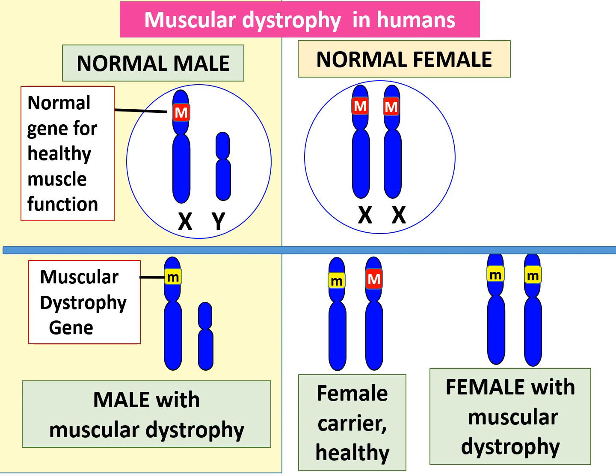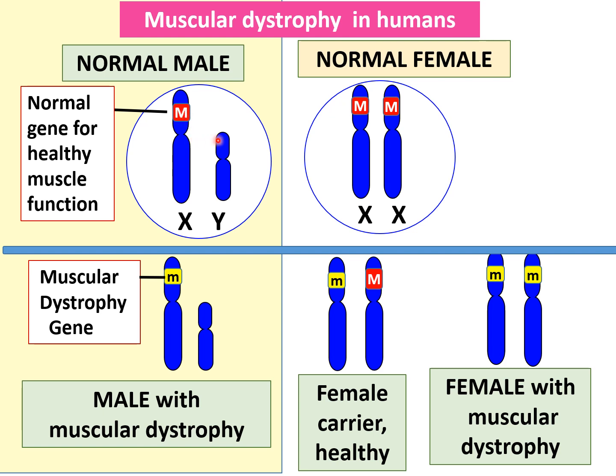So here we see the various possibilities of individuals that may have or may not have the gene for muscular dystrophy. Now the first case is a normal male. For a normal male, the male has the normal gene for normal healthy muscle function on his X chromosome.